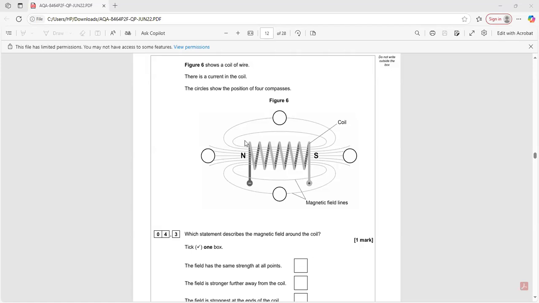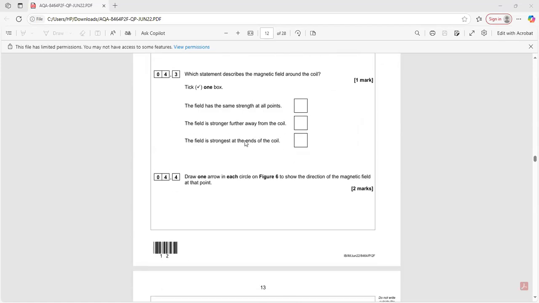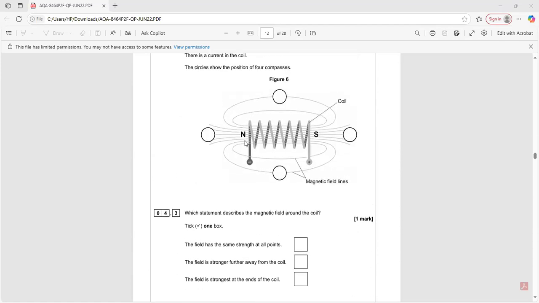Let's consider the second option. The field is stronger further away from the coil. That's not true because the field should be stronger as you get closer to the coil. That's logical, isn't it? Do you agree with that? Yes. Now let's look at the last option.